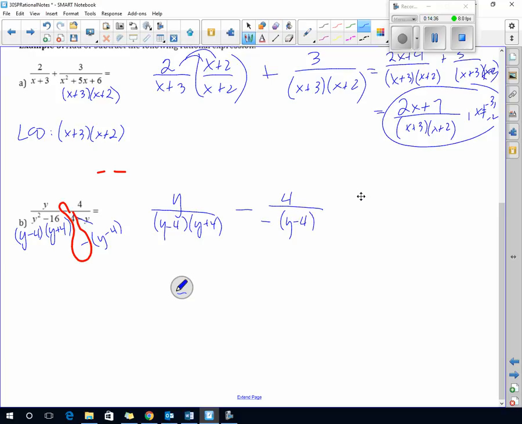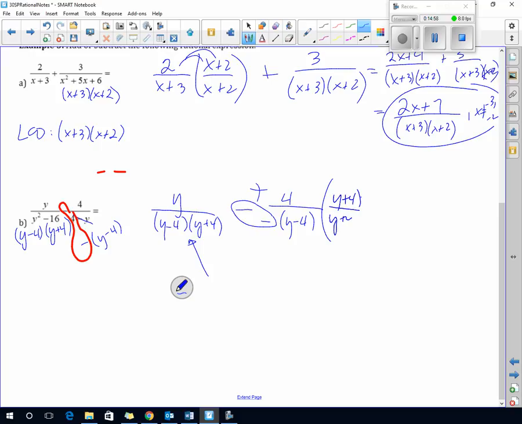So what's the LCD? The LCD is going to be those two multiplied together. So that means I need to multiply this one by y plus 4 over y plus 4. So I get y over y minus 4, y plus 4. It's a lot of writing at this point.